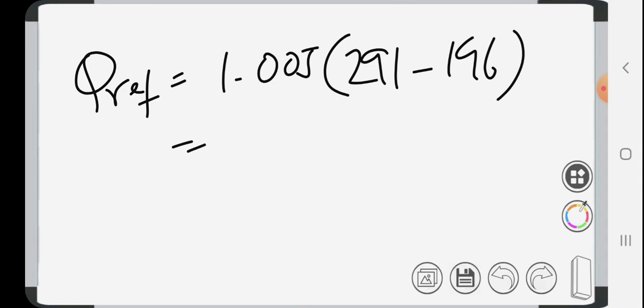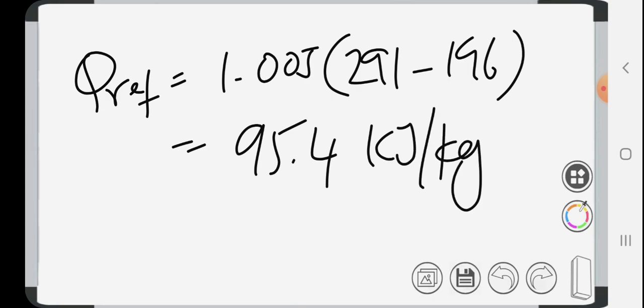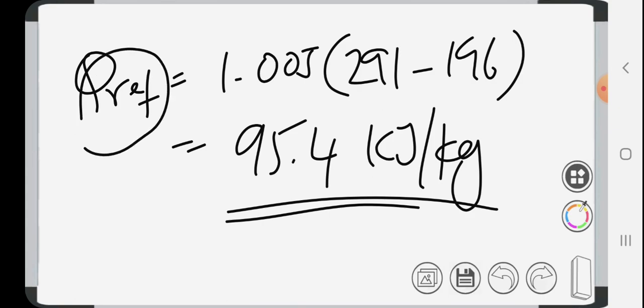You will get a value of around 95.4 kilojoule per kilogram. Students, I have calculated this value of Q per unit kilogram.